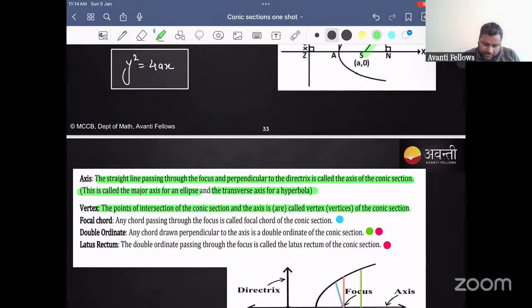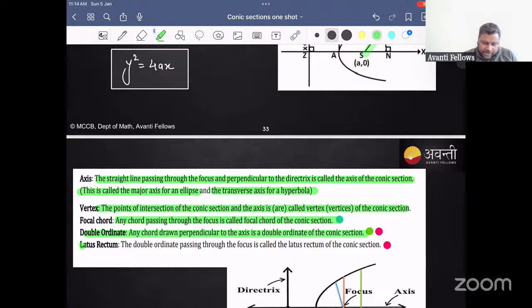Now focal chord: any chord which passes through the focus is called a focal chord of the conic. Double ordinate: any chord drawn perpendicular to the axis is called a double ordinate of the conic section.